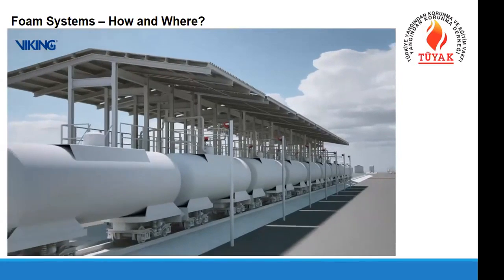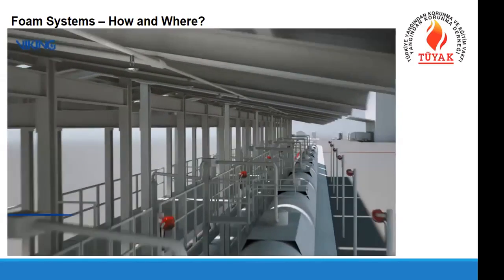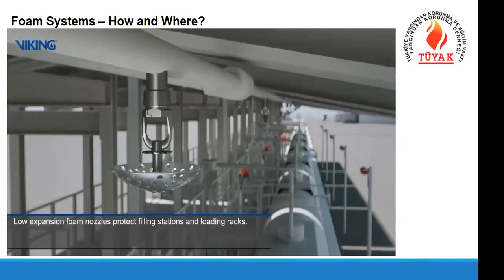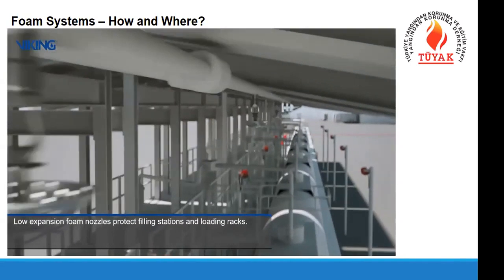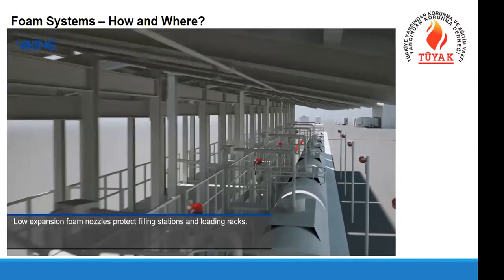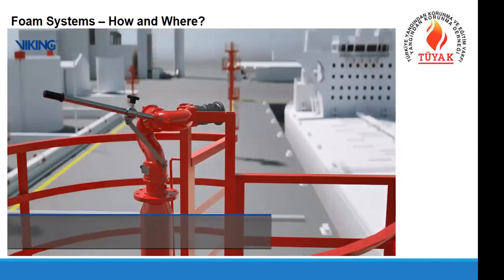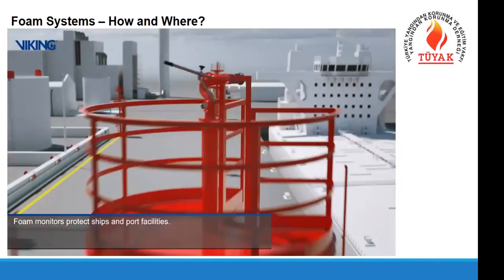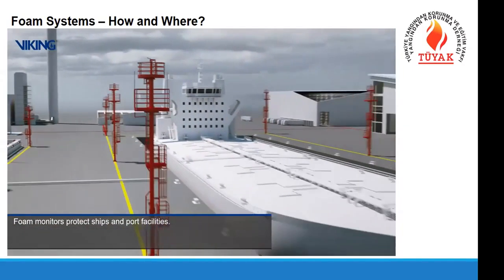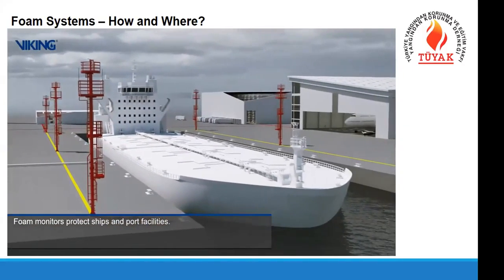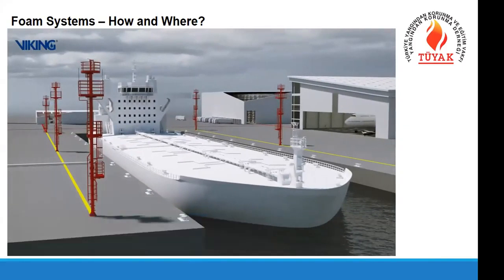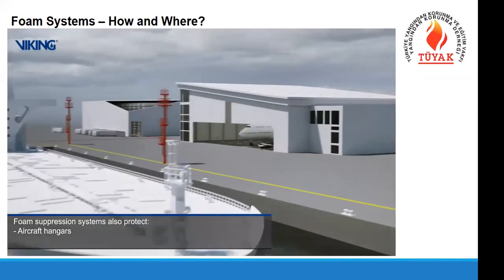Maybe some of you have seen monitors in the movies. Also in the loading racks and trailer areas, we have deluge sprinkler systems, foam systems, and for vessel protection in the piers, we have monitor towers with the foam systems.